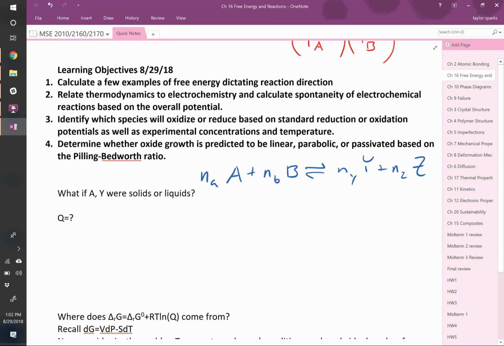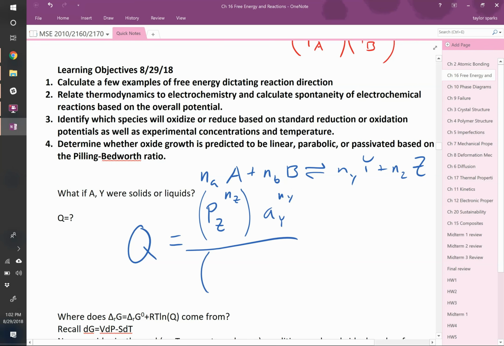We would rewrite Q as follows. Q becomes, it's still going to be products over reactants, so it's going to be the partial pressure of component Z raised to the number of moles of Z, but now it's going to be the activity of Y raised to the number of moles of Y.